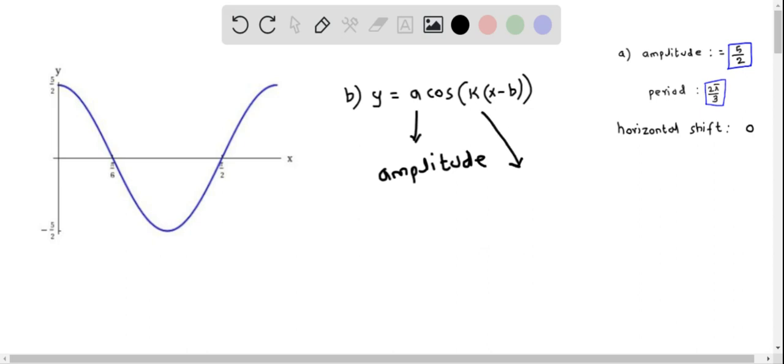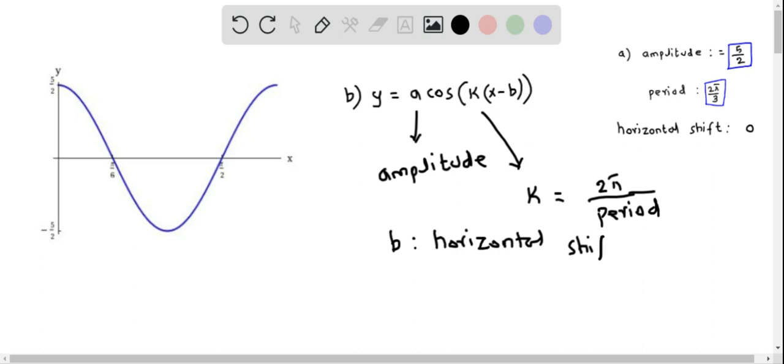This k is a constant which is given by this formula: k equals 2 pi divided by period, and this b is the horizontal shift value. So let's put these values of amplitude, k and b into this equation.